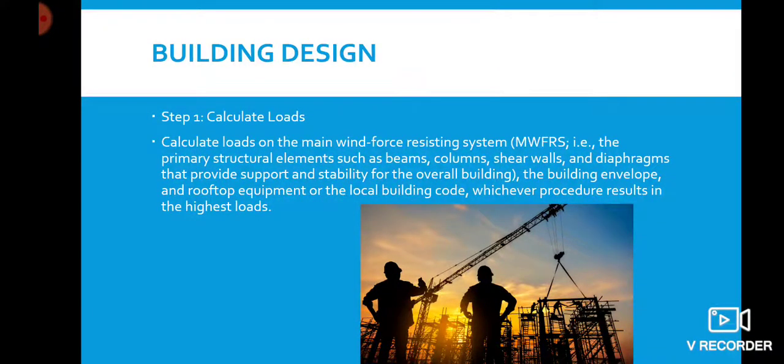So therefore, Step 1. Calculate loads. Calculate loads on the main wind force resisting system. The primary structural elements, such as beams, columns, shear walls, and braces, provide support and stability of the overall building.